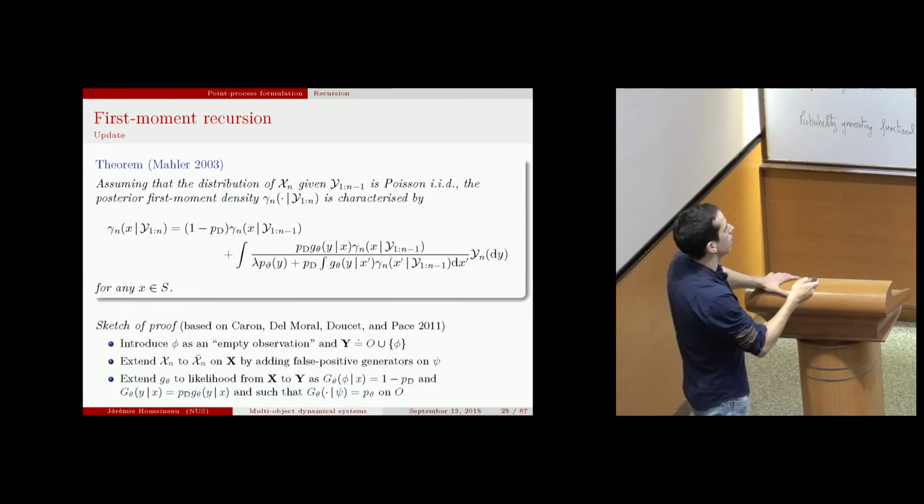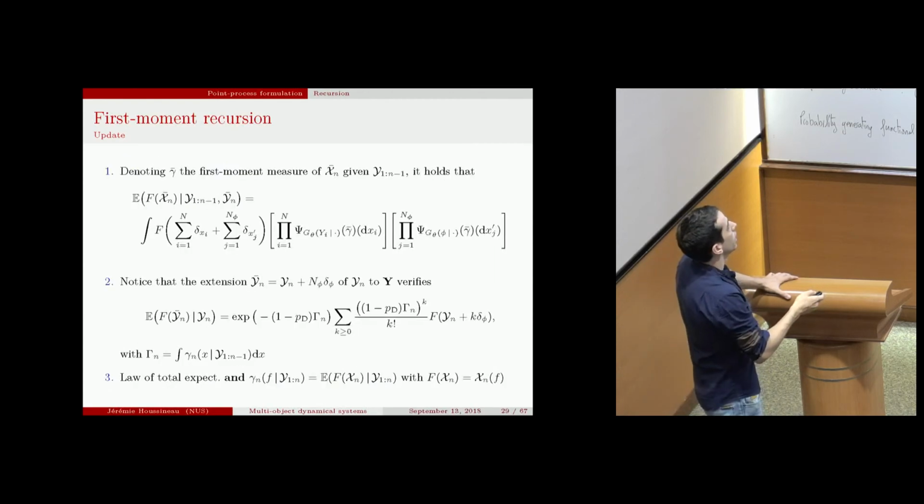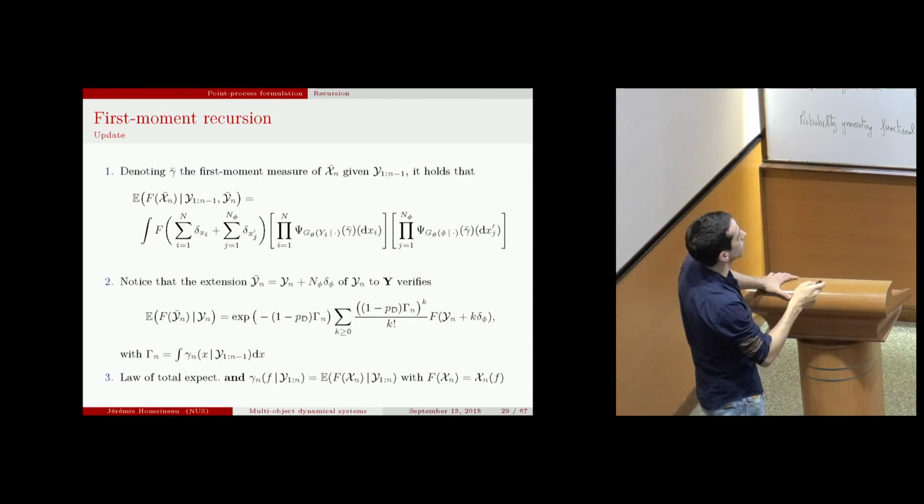In general, you can make PD depend on x, but I didn't for simplicity. And so this is really the steps. Again, you can sort of consider this as a picture. This is just the Bayes rule written in Pierre's notation with this likelihood and this sort of prior. So here this is first moment.